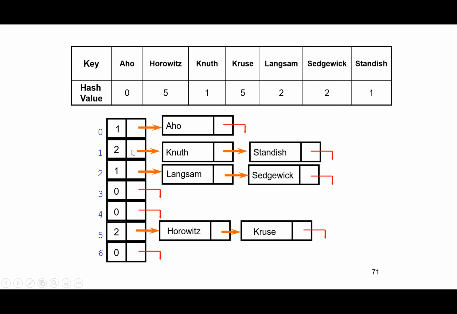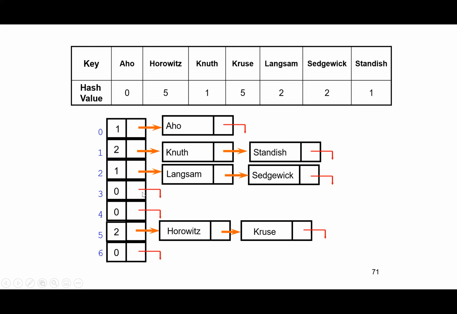The second one, you can see here Langsam and Sedgwick have hash value 2. So these two names will be stored in the linked list in index 2. Index 1 is Noof and Standish, right? And this is the size of your linked list. So when you see that this is 0, it means index 3, the size is 0, right?